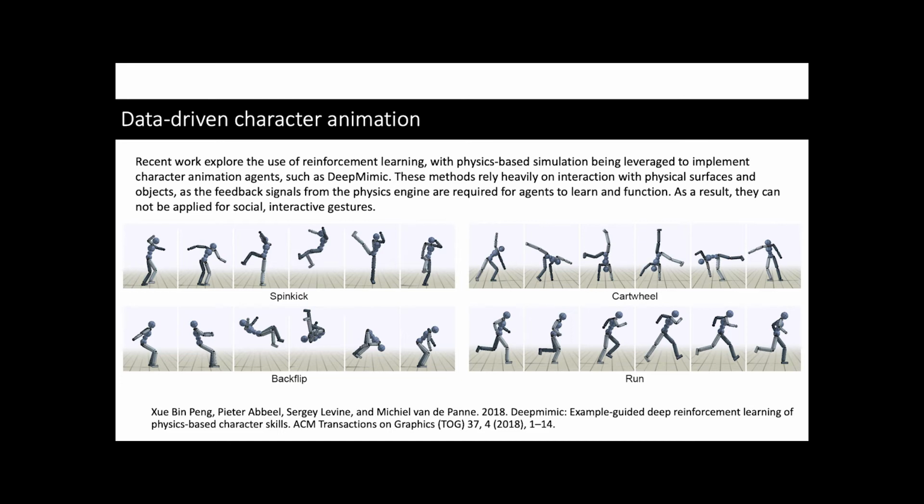So if you consider social behaviors such as conversational gestures, nods, exclamation, pointing, waving, these kinds of behaviors wouldn't elicit robust physics signals because they don't involve any interactions with physical surfaces or objects or any other items in the environment.